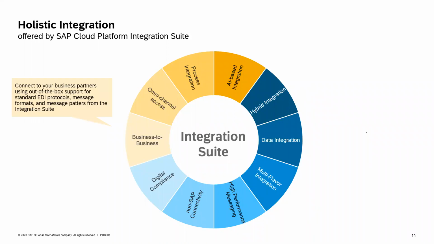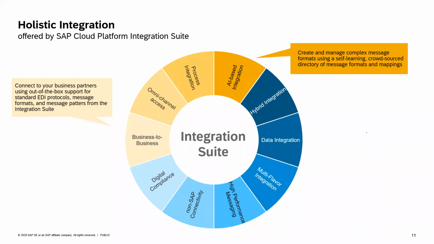A few other scenarios, obviously there are many more that we can talk about, is integration with business partners. These are the B2B scenarios where we have multiple adapters, AS2, AS4 adapters for example, and the capability to transform your EDIs. We also ship the B2B libraries, which are industry standards like ASC X12, EDIFACT, to name a few. We have the Integration Advisor capability, the AI-based or assisted implementation that is supported.